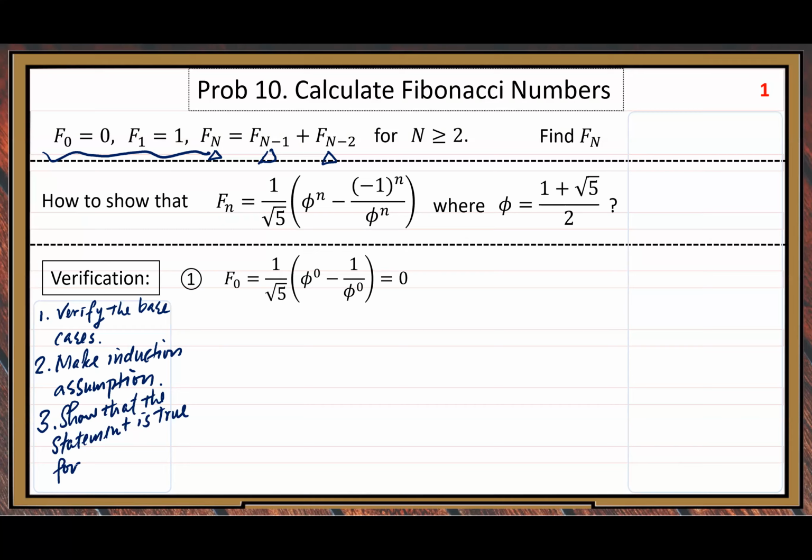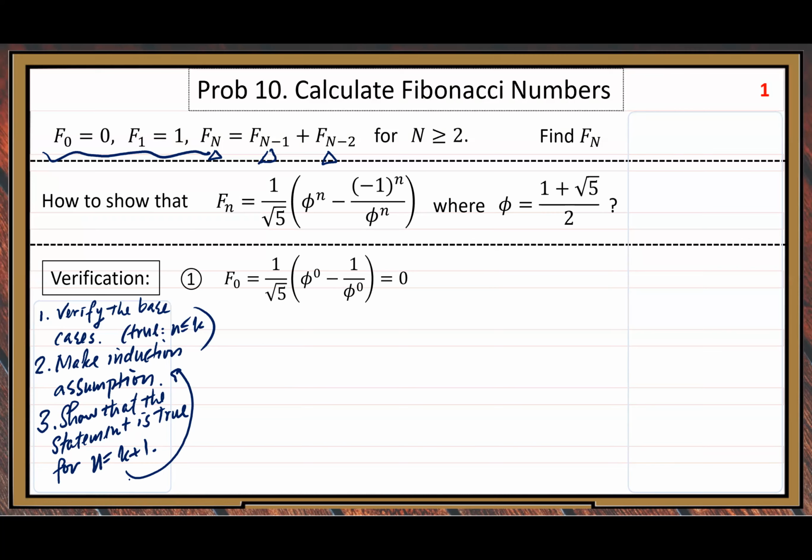Here, let me just write n equals k plus 1. First you make the assumption. What's that assumption? Assume the statement is true for n less than or equal to k. That k is in your induction assumption.